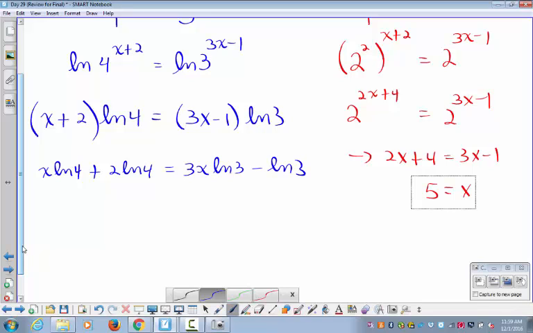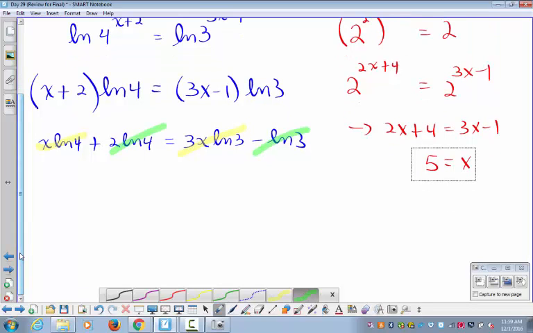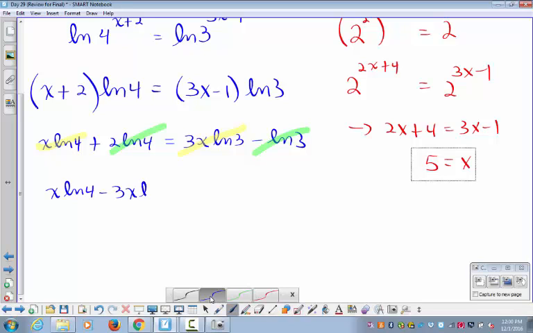We see that we have two terms that involve x and two terms that are constant. So we're going to bring the two x terms to the left, the two constant terms to the right. So we have x ln 4 minus 3x ln 3 equals minus 2 ln 4 minus ln 3.